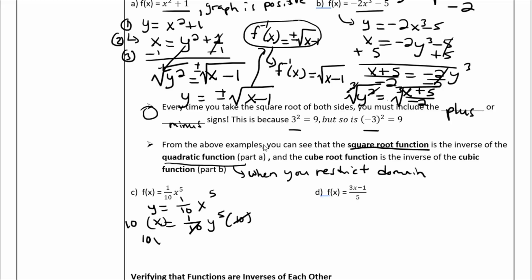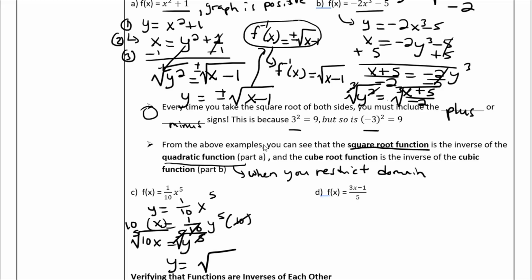So we got 10x equals y to the 5th. Now you've got to get rid of the 5th power. Kind of like we got rid of the 3rd power by doing the cube root, we can get rid of the 5th power by doing the 5th root. So that's it. y equals the 5th root of 10x, and there's nothing else to it. And then of course we replace the y with f inverse, and then we're done.